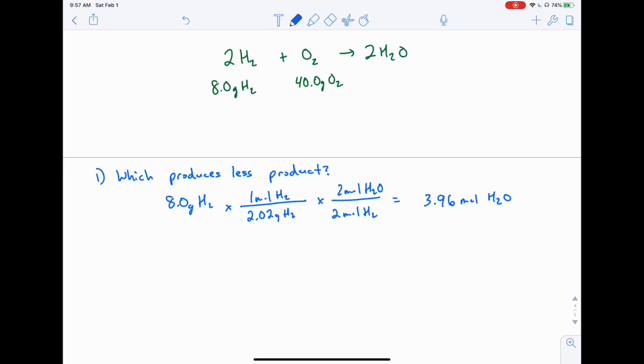Why can I stop at moles? Why do I not have to go to grams here? It's the same thing. If I do that for every problem, I'm going to multiply by the same number each time, so you're still going to get the same comparison. You can stop at moles here if you want.